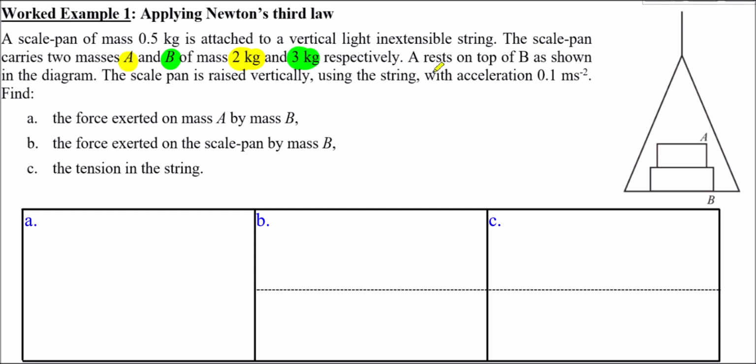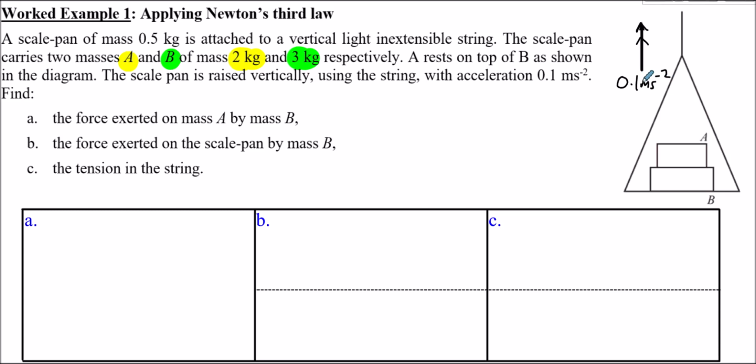A rests on top of B, like was shown. If the scale pan is raised vertically using the string, it has acceleration 0.1 meters per second squared. So I'm just going to label on here the acceleration, because we know it, so we may as well use it. That acceleration here is 0.1 meters per second squared.